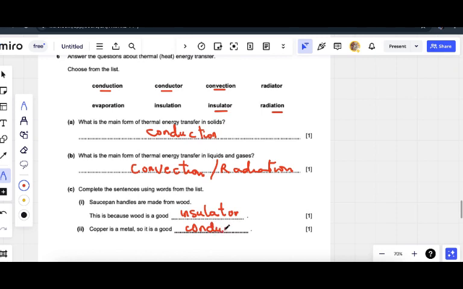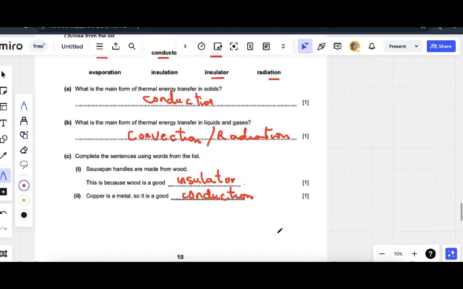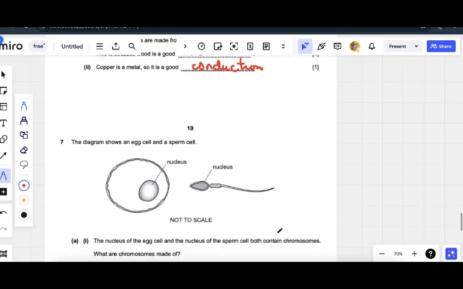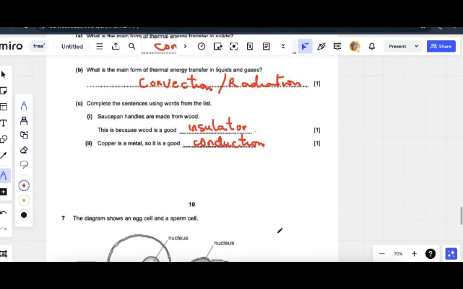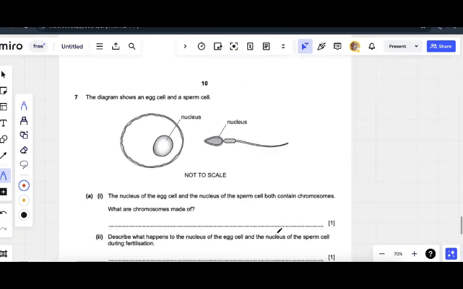Copper is a good conductor. Now, that's that for this question. So we go to question 7.